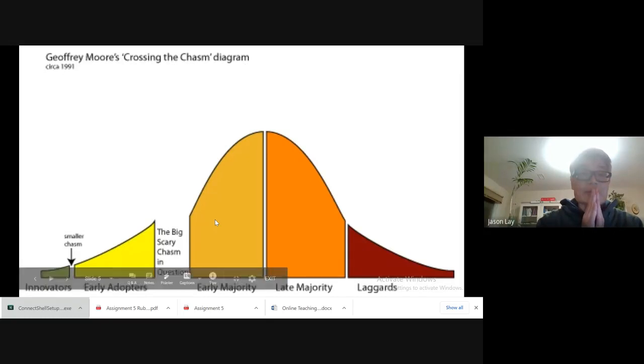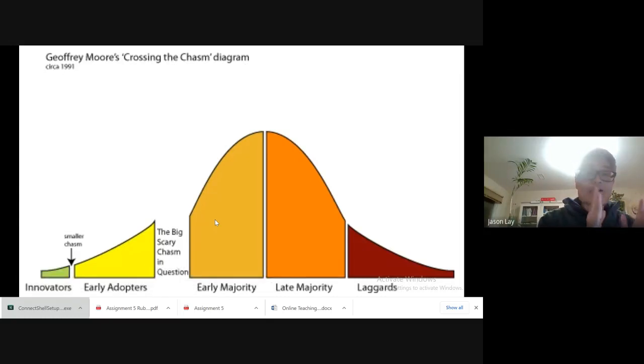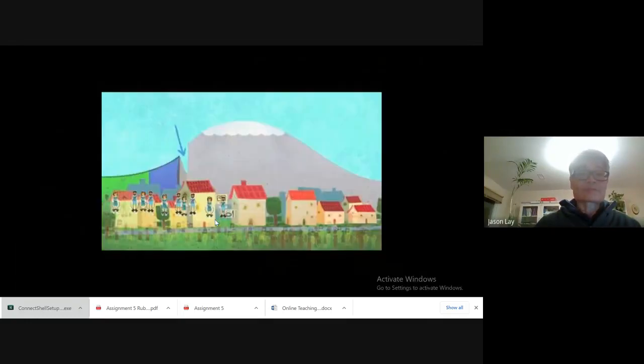So think about Google Meet. How are you going to focus on getting the early adopters to adopt this technology and also the early majority, based on what we learned in the earlier lessons about the characteristics of early adopters and people in the early majority.